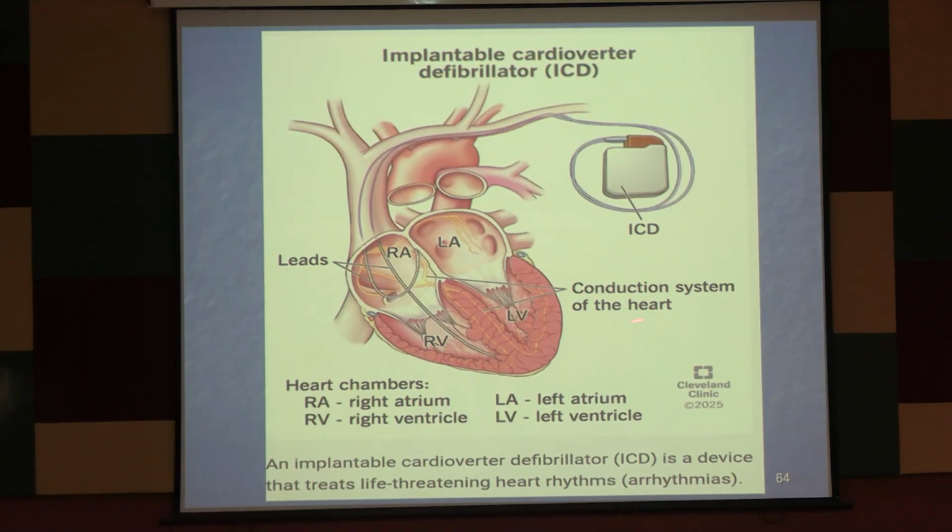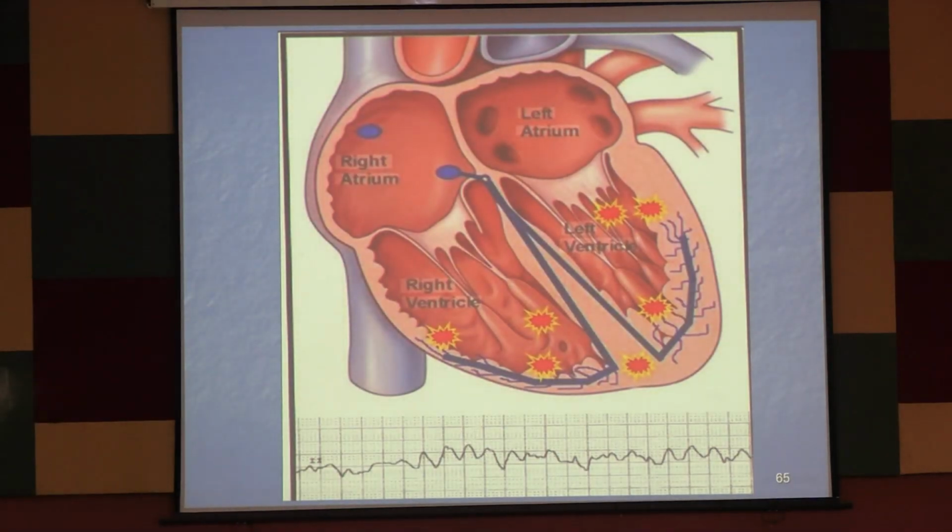This is the conduction system of the heart. So, the implantable cardioverter defibrillator is a management tool, especially in heart failure with class 1 to 3, ejection fraction less than or equal to 35%, and stage C. This is also an example of the ICD.